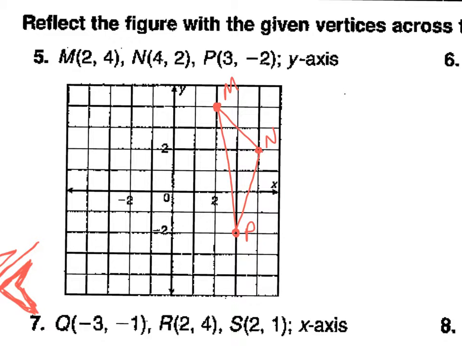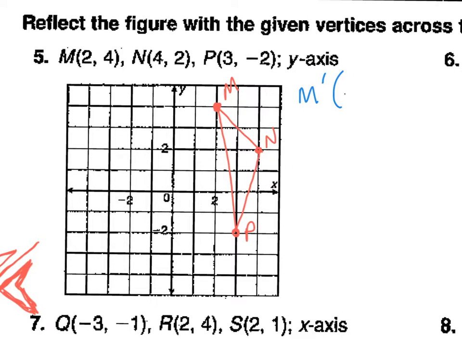And now I need to reflect it over the y-axis. So on the side, I'm going to get my prime points. M prime. So if I reflect it over the y-axis, that y-axis is this right here. So what's going to change? If I reflect it over this line, this point has to reflect over here. This point has to reflect over here. So what should be changing?